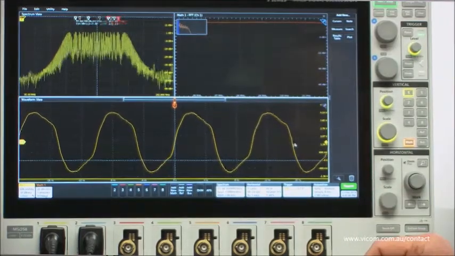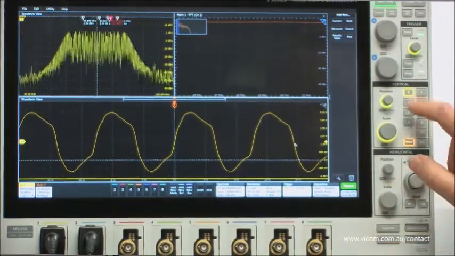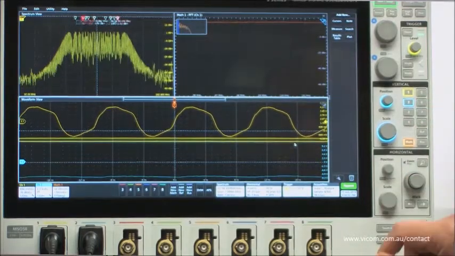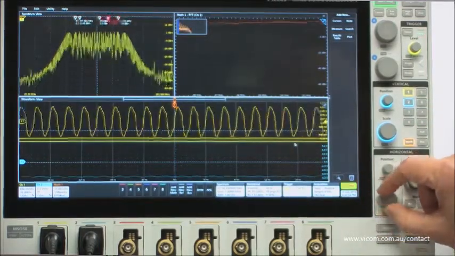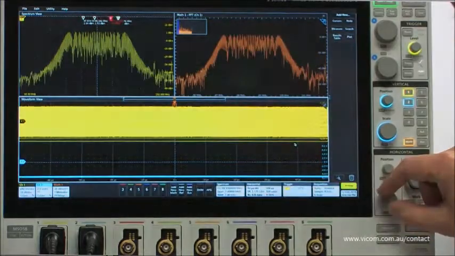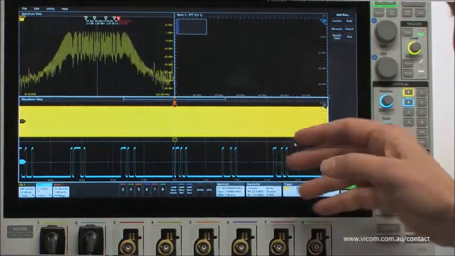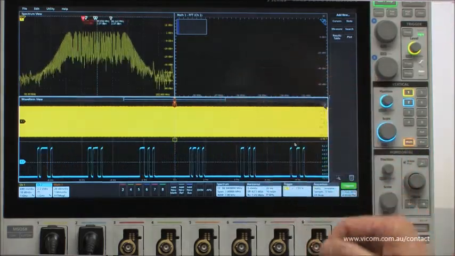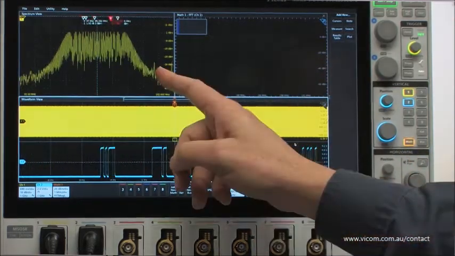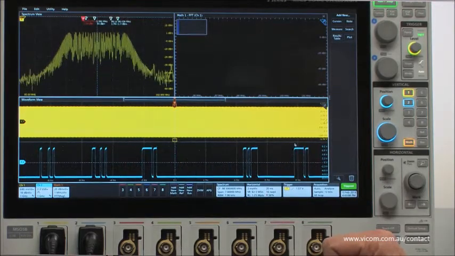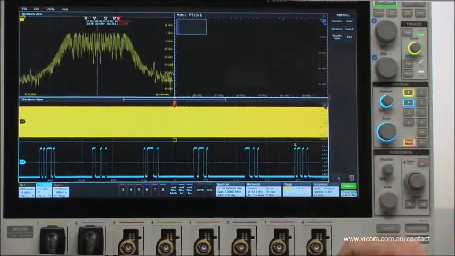So now what happens if we go to slower time per div settings? For example, on channel 2, I'm looking at an RS-232 control signal. So if I go to where I can see several cycles of the RS-232 signal, and again observe my frequency domain displays, notice that Spectrum View is again rock solid, still showing the exact same information.